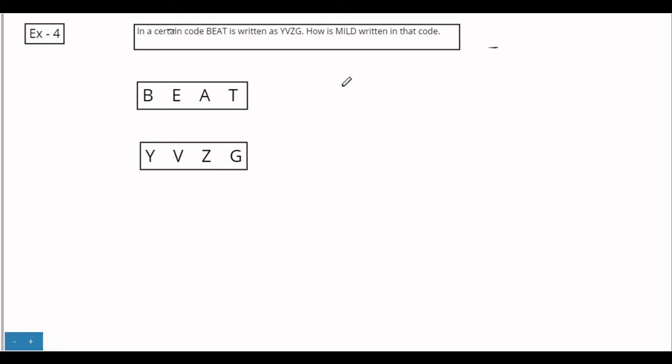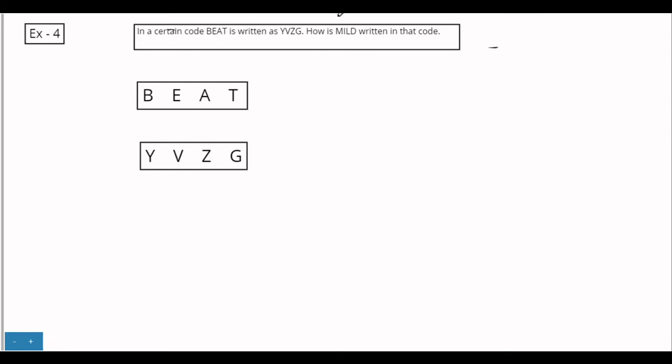Now in the fourth example, beat is written as YVZG. So how will mild be written? In these types of questions, you've got to see one thing. B is second from the first and Y is second from the last. Now you have to see if this continues.